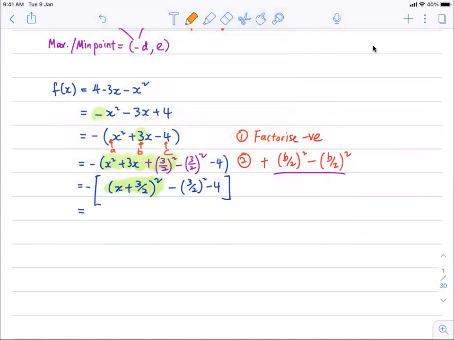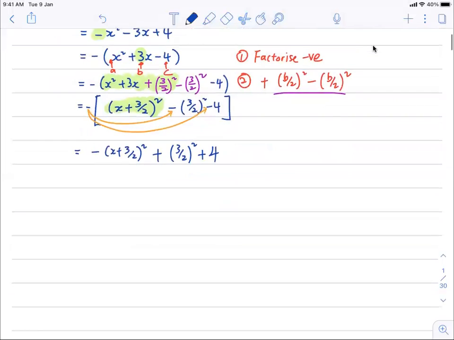Then we multiply back the negative into the bracket. We get negative (x + 3/2)² + (3/2)² + 4. So the final form is negative (x + 3/2)² + 25/4.